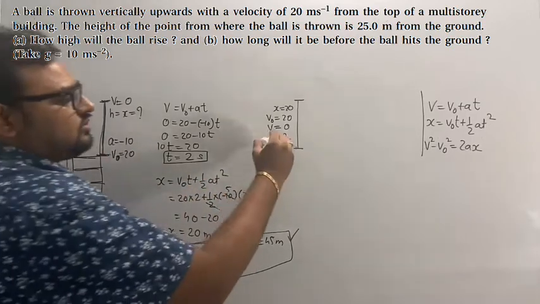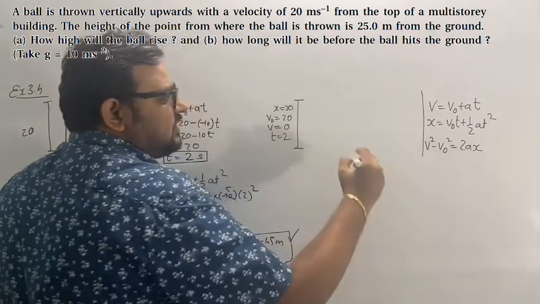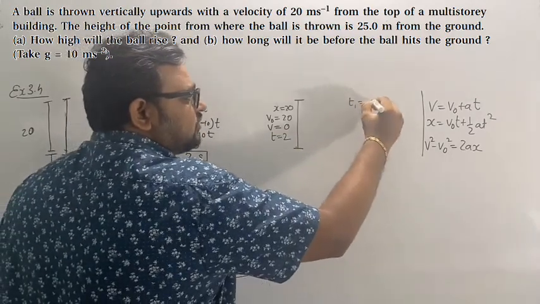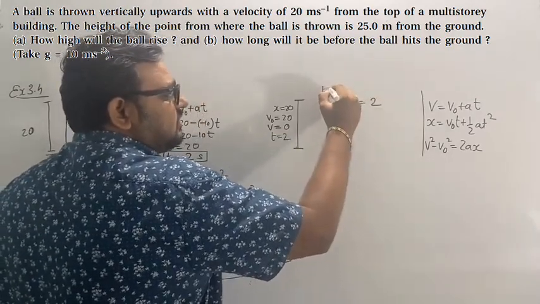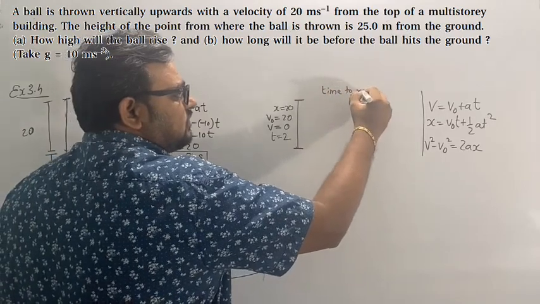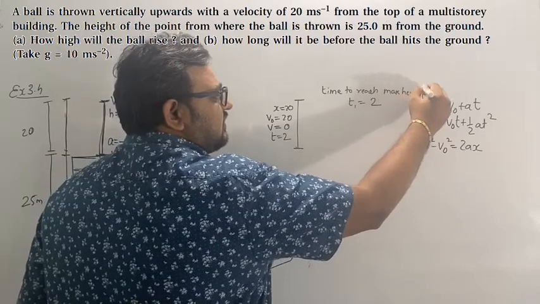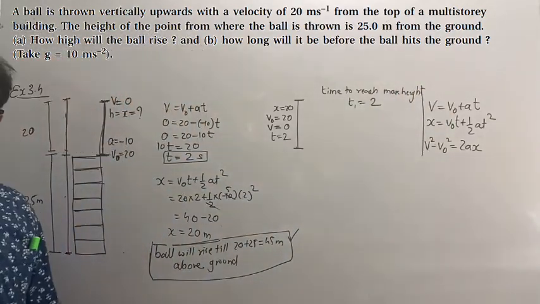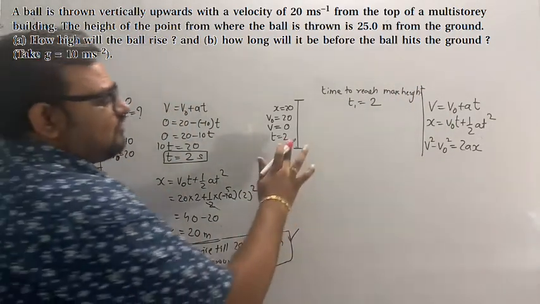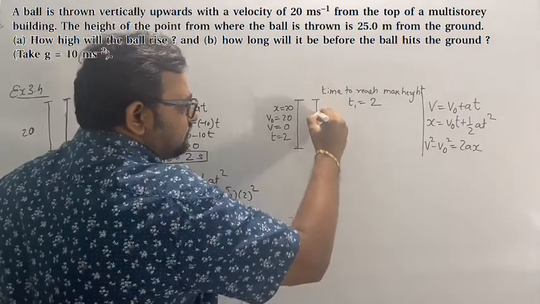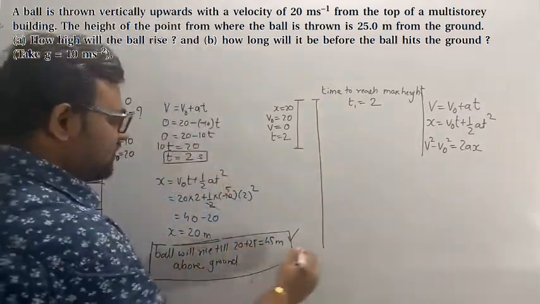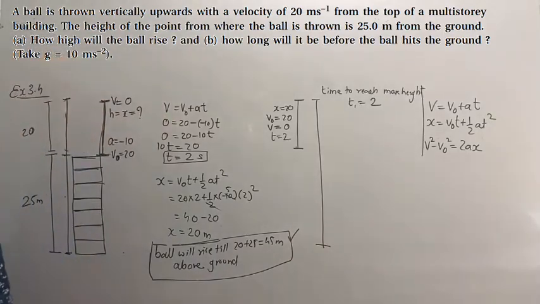T1 I got 2 seconds, so I'm writing here that T1 is equal to 2. What is T1? Time to reach maximum height. Clear? Now I want time T2, from here to ground.